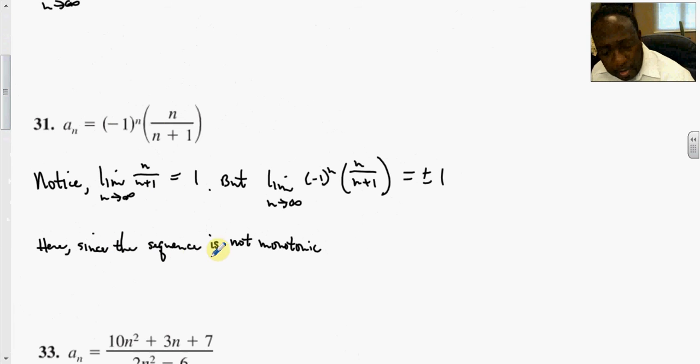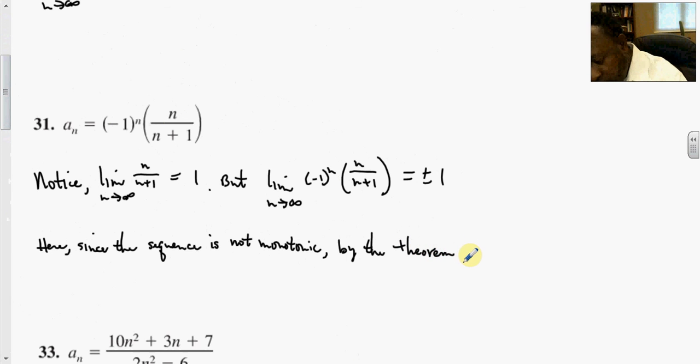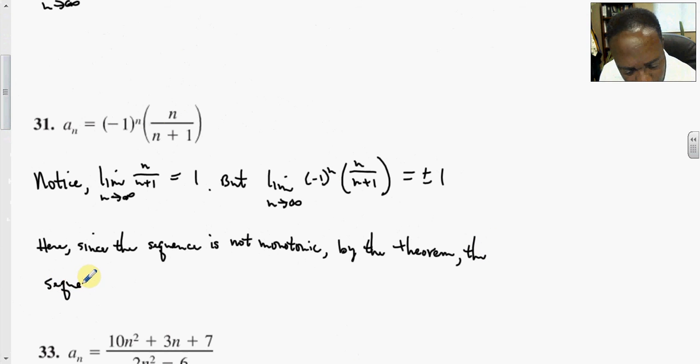So here, since the sequence is not monotonic, by the theorem, the sequence diverges.